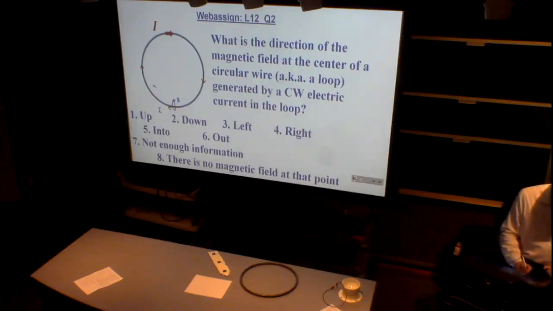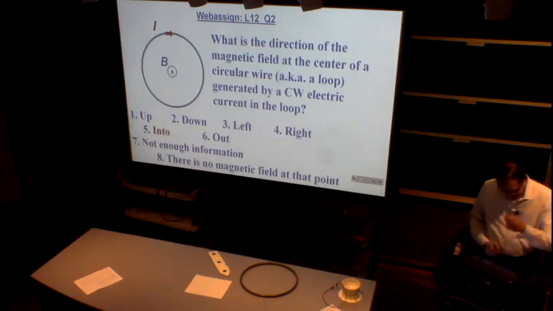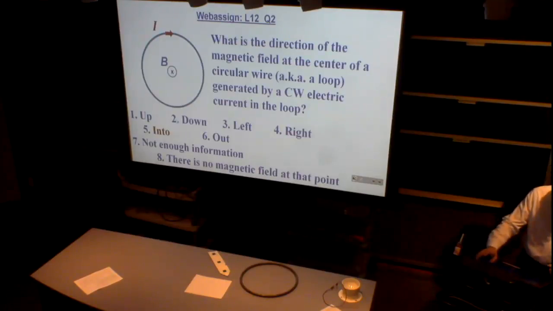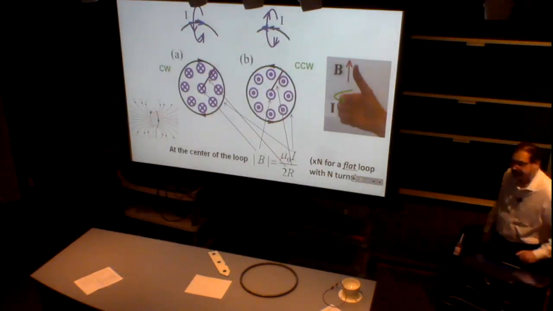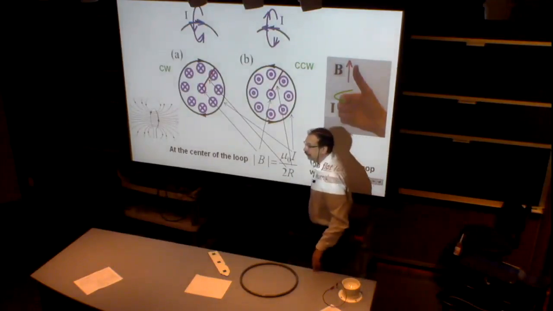Well, technically, everywhere inside this loop, in the plane of the loop. And of course, there is an opposite situation when electric current travels counterclockwise.